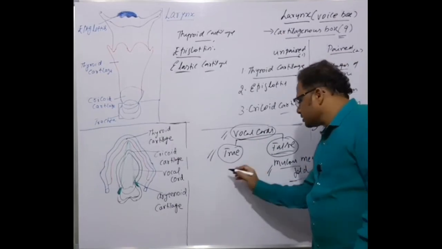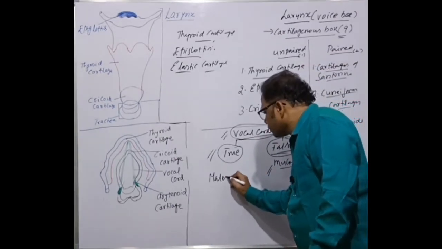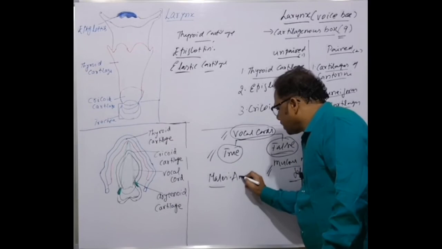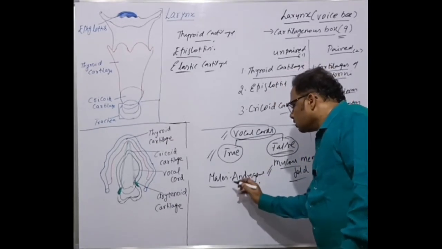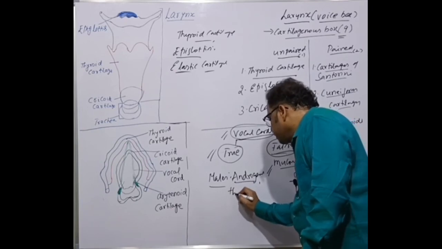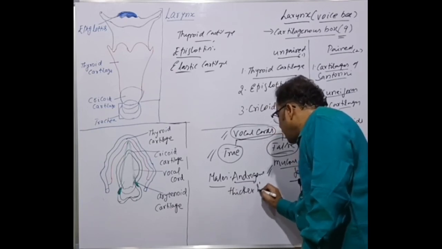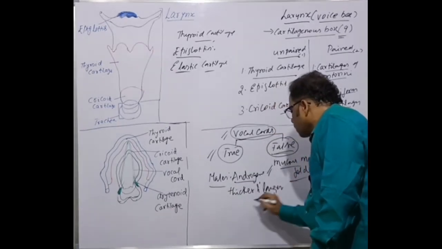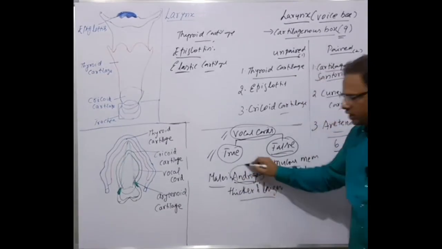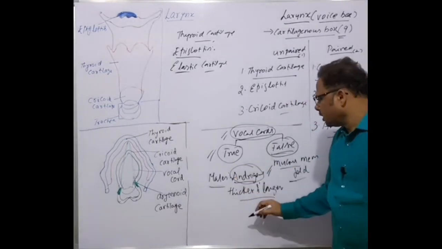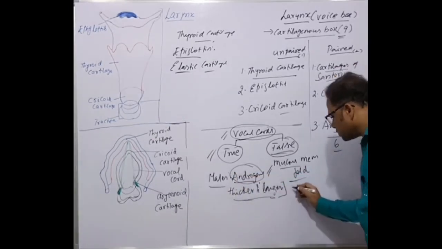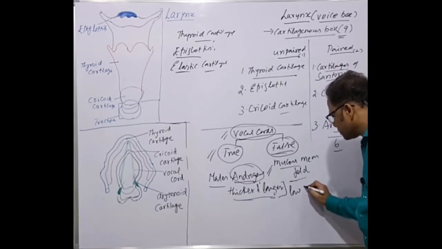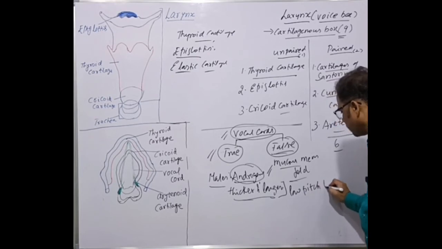And in the males, because of the effects of androgens, the male sex hormones, the vocal cords are thicker and longer. That is why the males produce a low pitch voice.